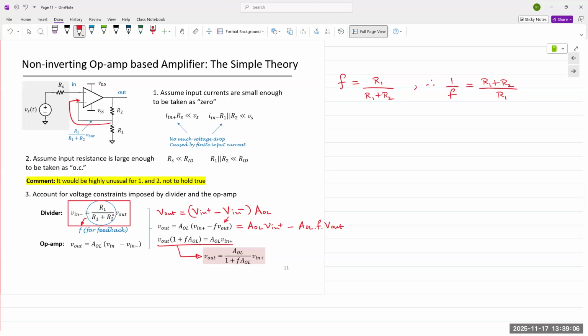The question being asked is where on this diagram would we be able to see RID? RID is typically modeled right here. That's the internal resistance between the two external terminals, in plus and in minus. As you go along in higher classes like 215, you will learn the term impedance. And so this term here where it says input resistance may be referred to as input impedance.